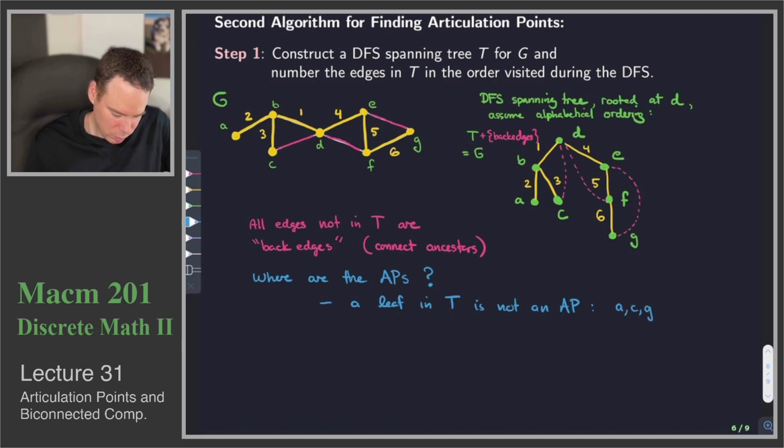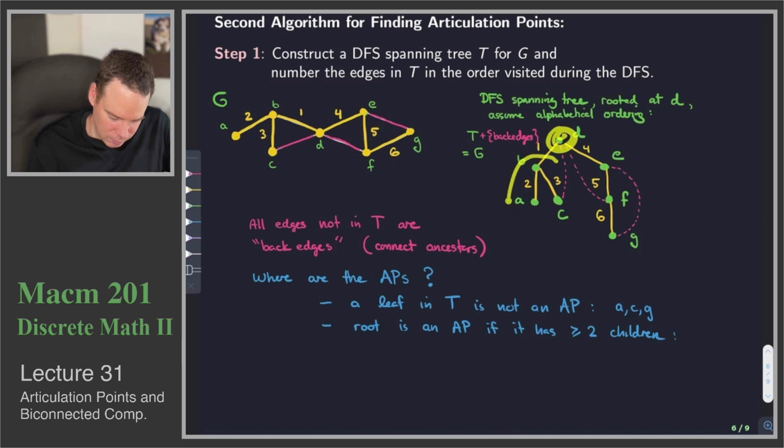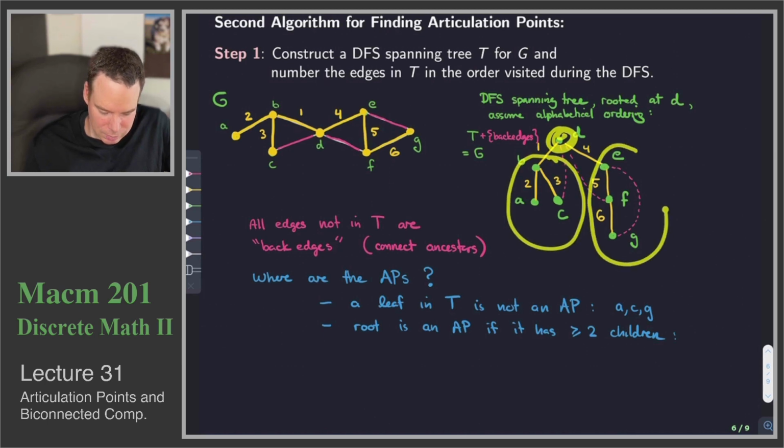They're not articulation points. We also get that the root is an articulation point if it has two or more children. So if it has two or more children, and that's because if I was to get rid of it, then the subtree with one child would be disconnected from the subtree for another child.